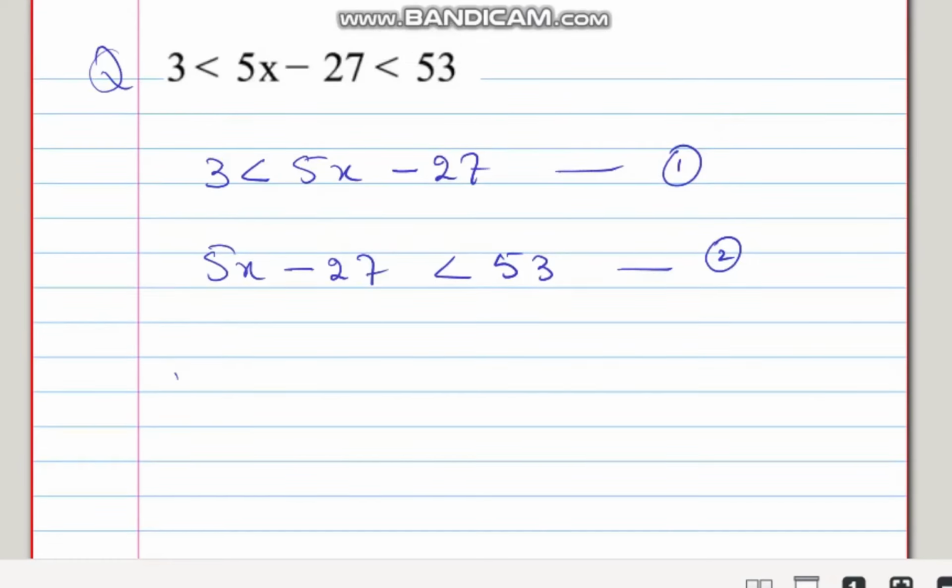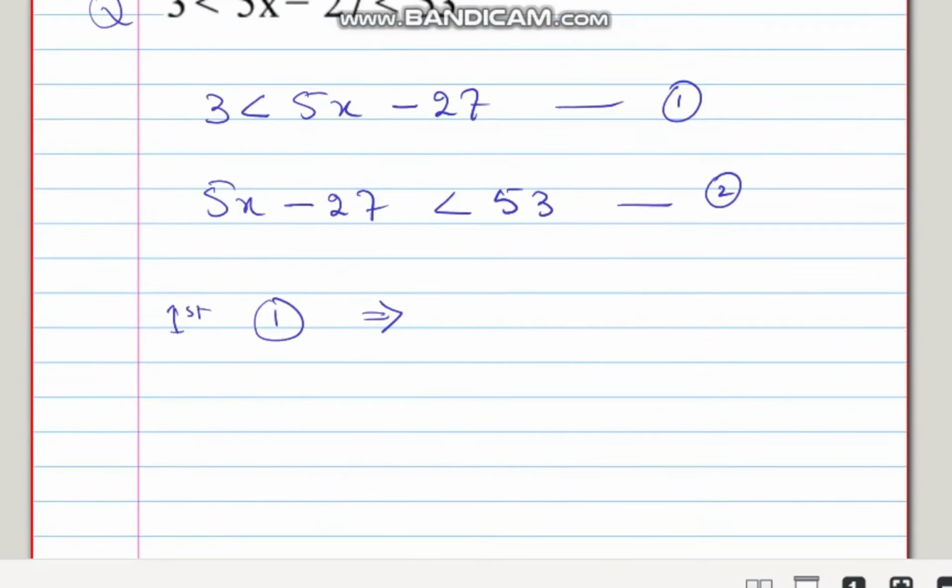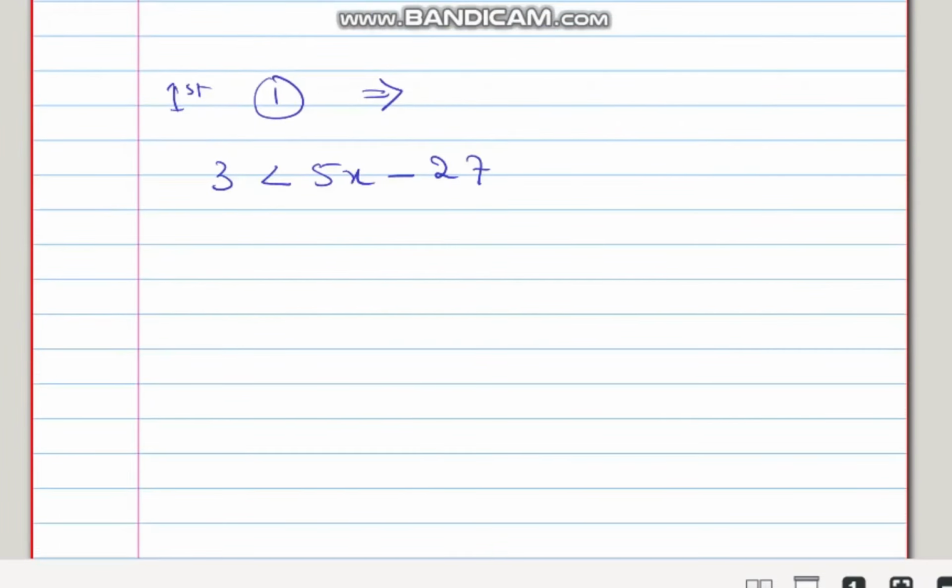First part. I told you before, 5x minus 27. Now just bring the numbers with the same variable together. So dear students, I will move the minus 27 here. It will become plus 27, and the less than sign will be here.